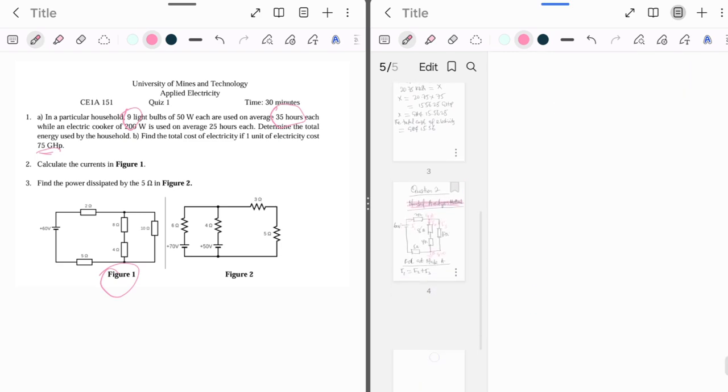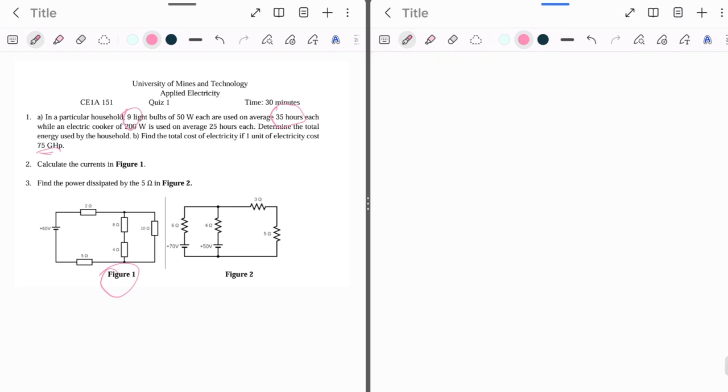So I'm going to write this straightforwardly. Let's write I1. In this branch of I1, I have two resistors, 2 ohms and 5 ohms, because this one current, I1, is going through them. So the 2 ohms and 5 ohms are in series.